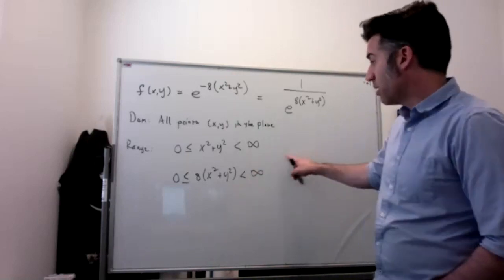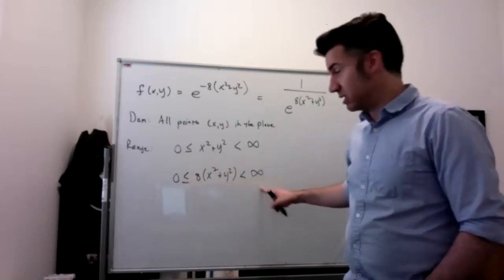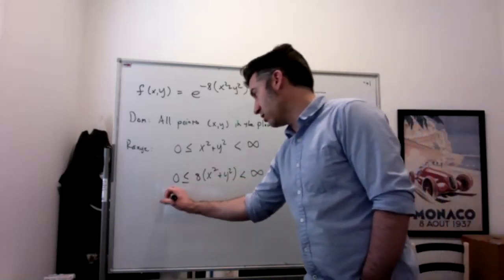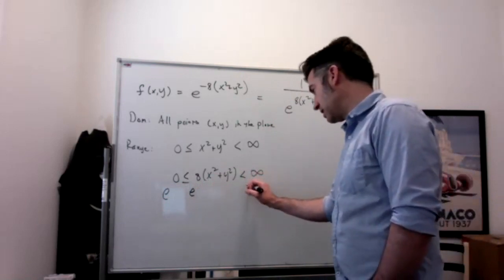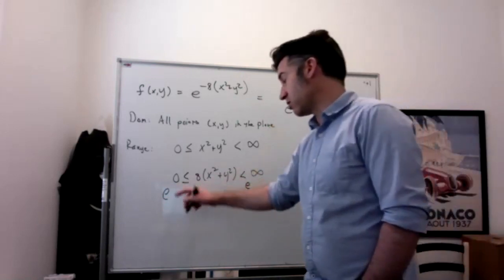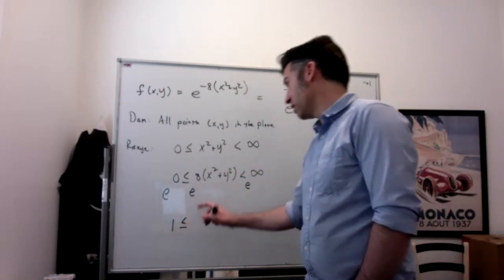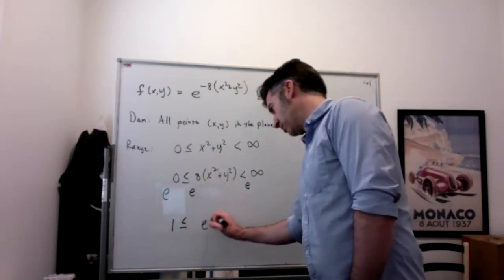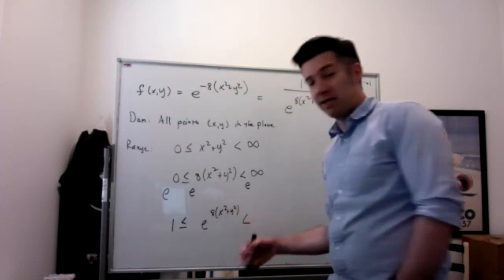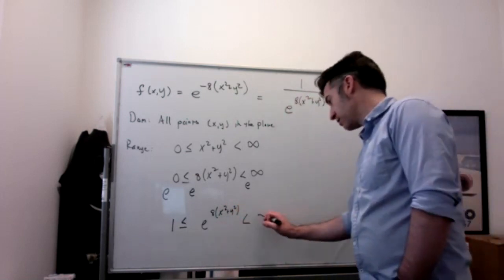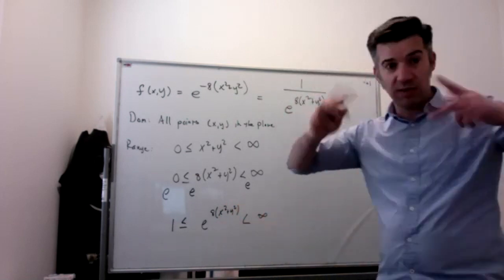So anyway, I'm going to do e to the each of these things. e to the 0 is less than or equal to e to the 8 times x squared plus y squared, which is less than e to the infinity. e to the 0 is 1. e to the 8 times x squared plus y squared is what we want, right? And e to the infinity is still infinity. Finally, I'm going to take the reciprocal of everything.